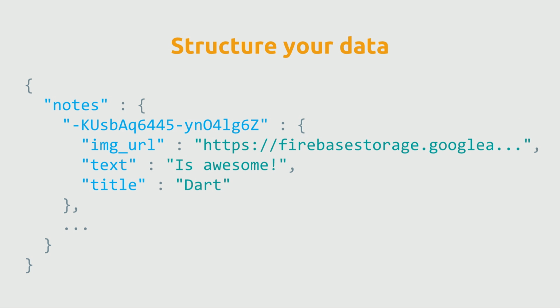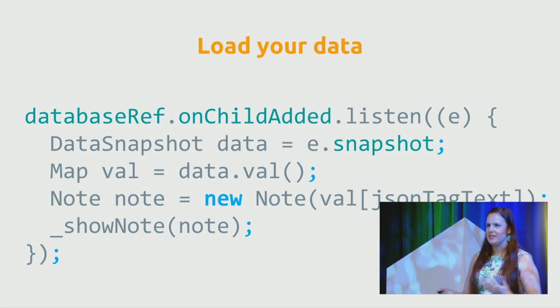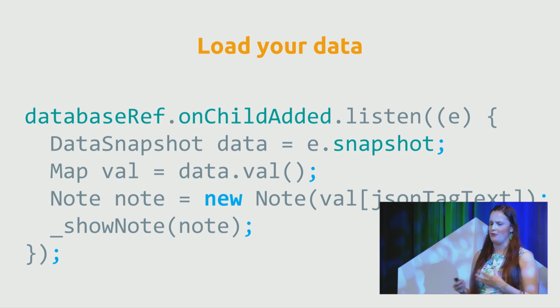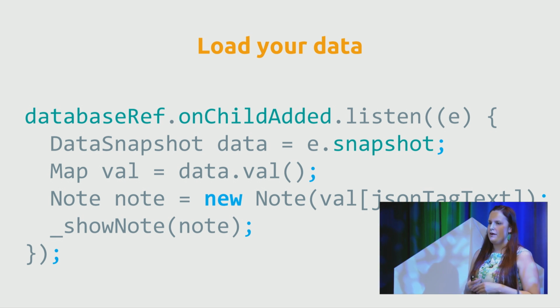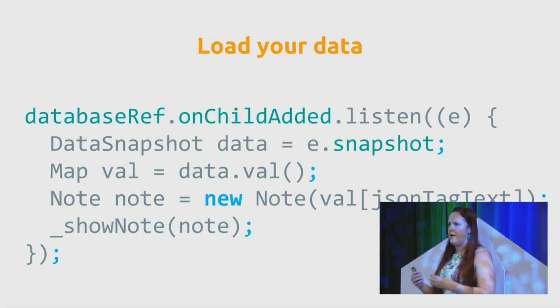So let's take a look at how we can structure our data. Data are JSON, so you can see here notes. There is one note, and the note has some key and some attributes. And then let's take a look at how we can load the data into our application. This is code from my app. We are listening to a child added event.